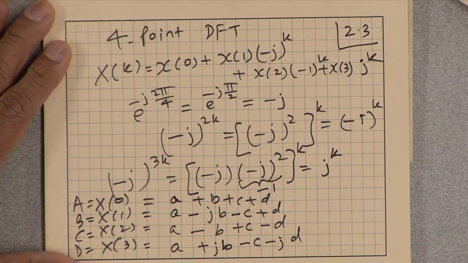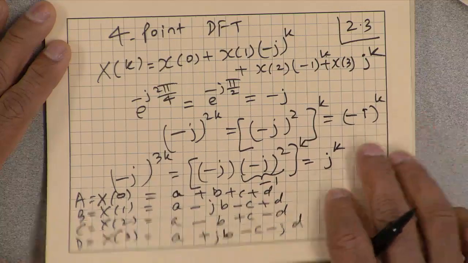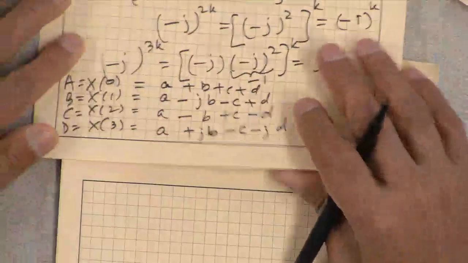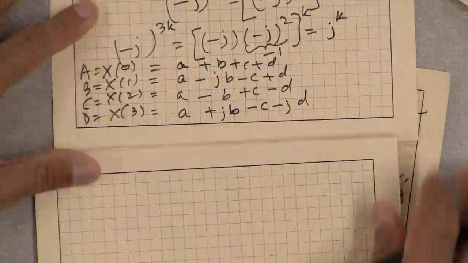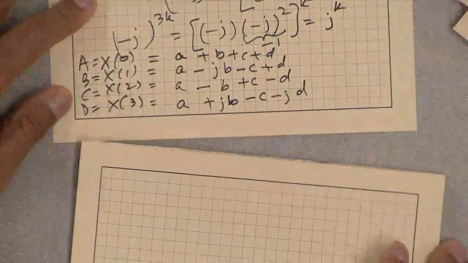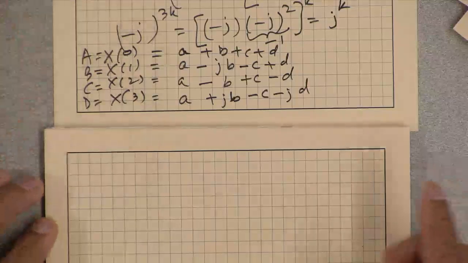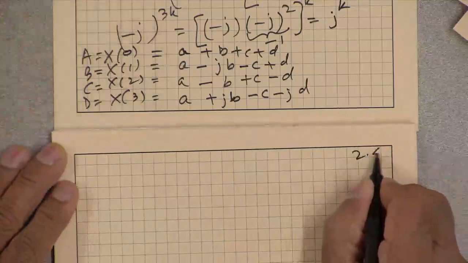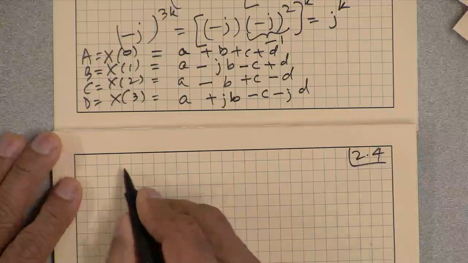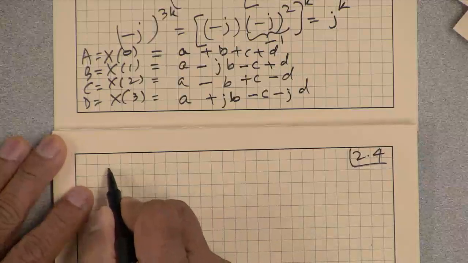Okay, so these are the equations for the 4-point DFT. I can describe this by a matrix.